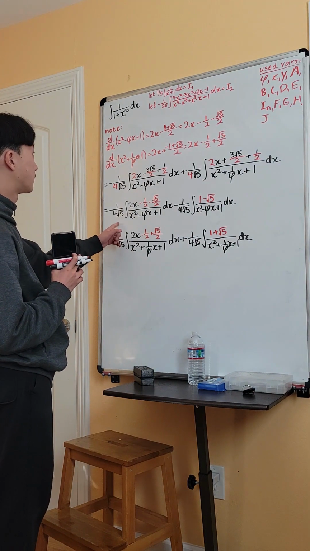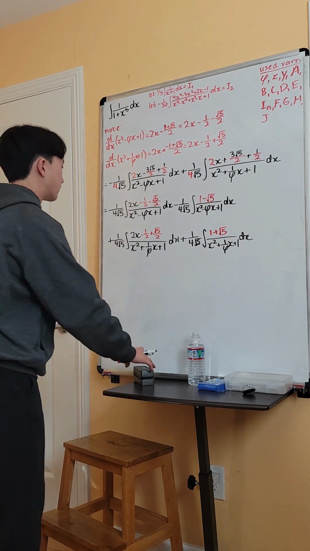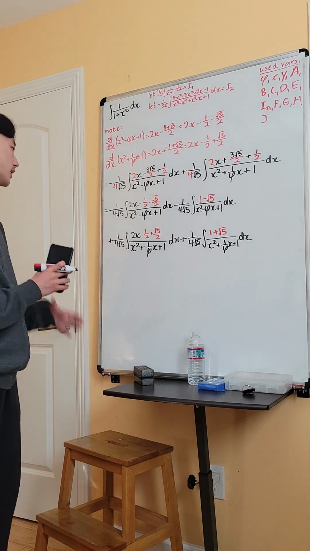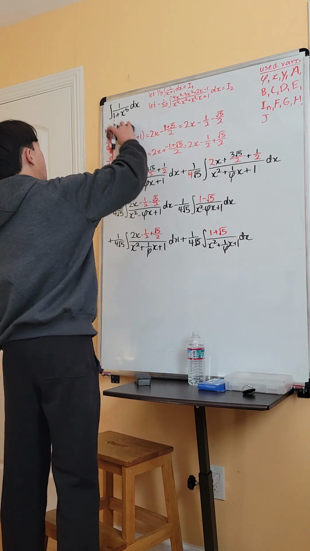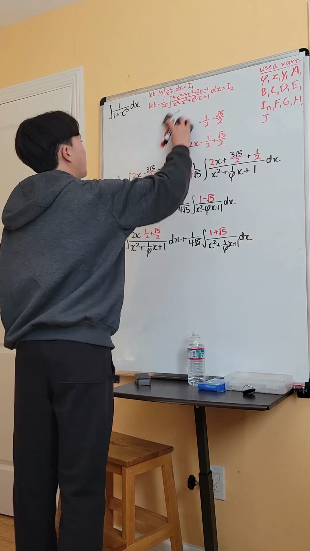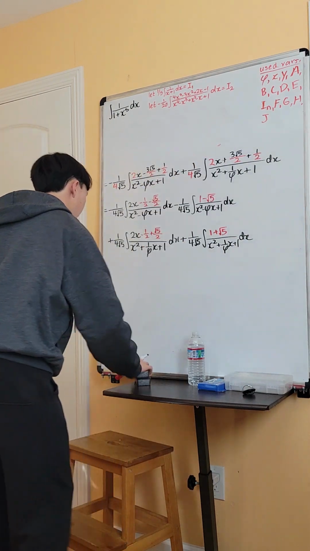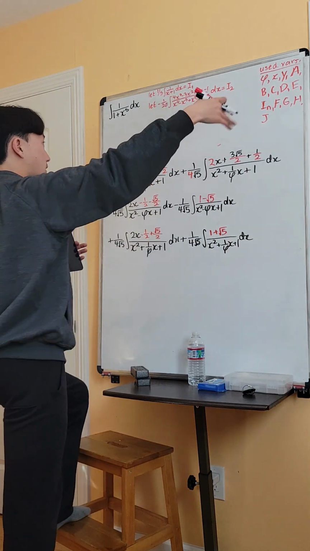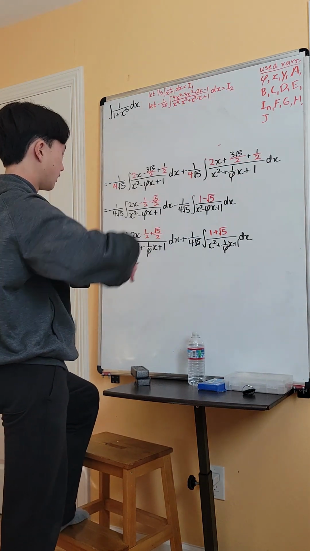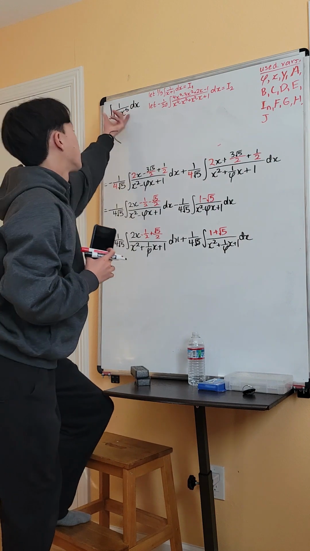Let's call this I3, and let's call this I4, since you're already ready to integrate them. And by the way, at the very end, all you need to do is add I1, I2, I3, I4, I5, I6, etc. together to create this original integral right here.